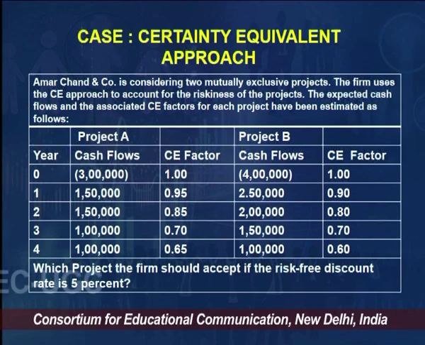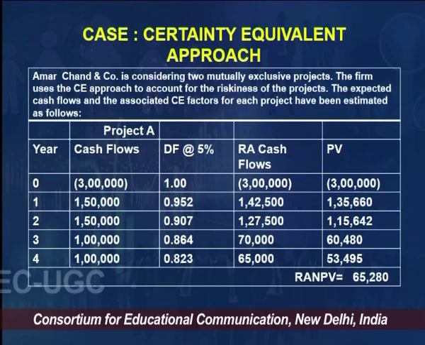These were the cash flows for the 4 years, and the CE factor is there. Multiplying the CE factor with the cash flows, we got the risk adjusted cash flows which are depicted in the fourth column of this table, right. So, what is the next step?